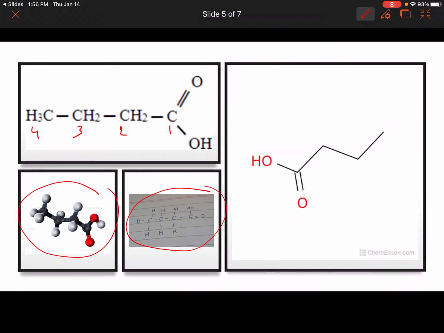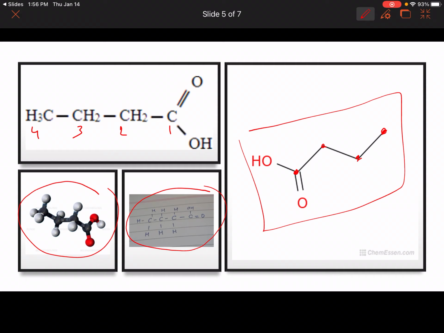And then you'll also see these line drawings. Of course, this is drawn backwards, so we've got the carboxyl group on the left. There's nothing that says it has to be on the right. It can be on the left, that's completely fine. Every point is going to be a carbon, so you're going to have 1, 2, 3, 4 carbons, and that's where we get our butanoic acid from. Just be aware that sometimes you'll see these.